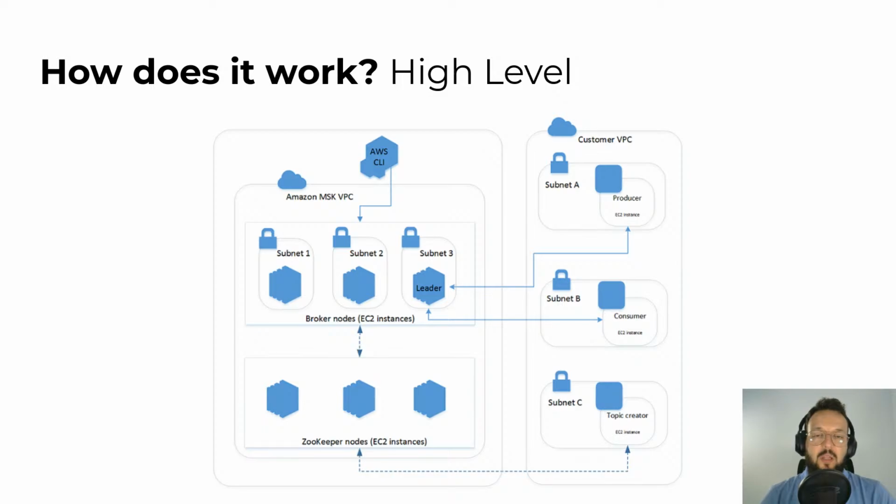So they are maintaining, patching, and handling the security of everything. And then when the customer comes and provisions a cluster, they connect the customer VPC with the Amazon MSK VPC via Elastic Network Interfaces. So we can actually have connectivity between the subnets and the VPCs via ENIs.